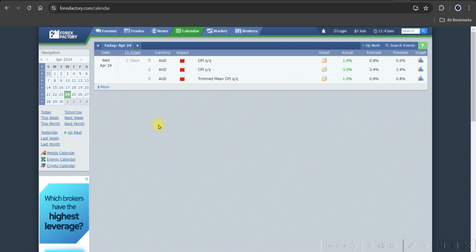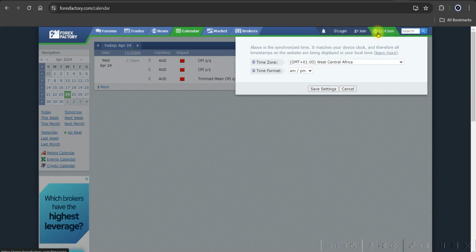We ensure that the time zone is actually the same time zone that we are in. For example, it might be West African time zone, yours might be Central African time zone, it might be East African time zone. So you have to ensure that the time is set to your time zone. You can see my own here. It is West Central Africa time zone.